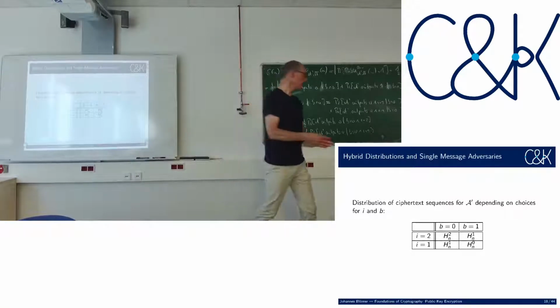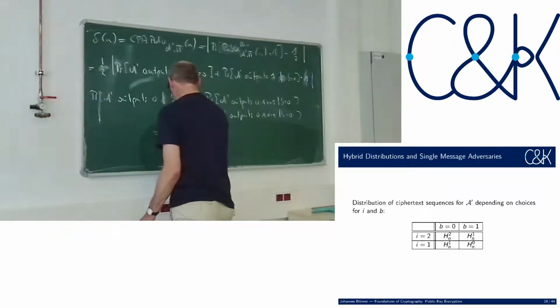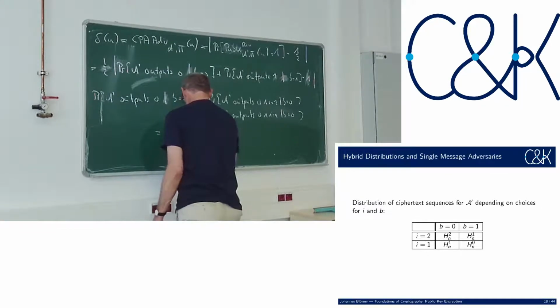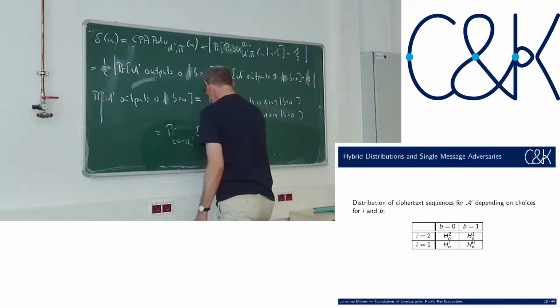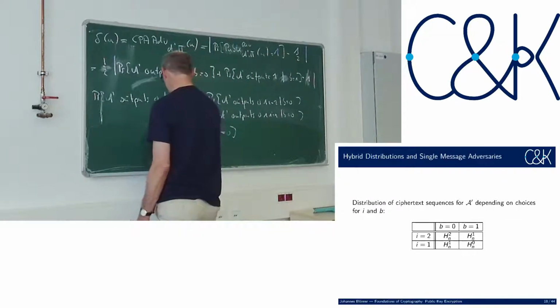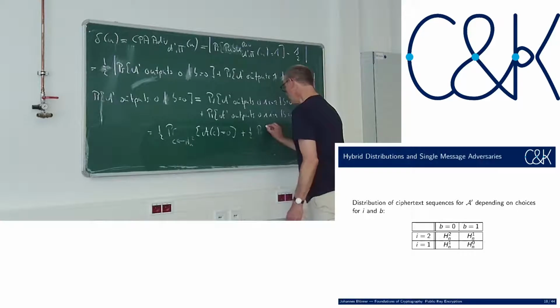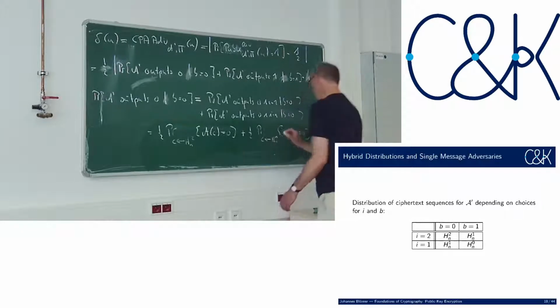So I can rewrite this in the following way. This is the same as the probability that the ciphertext is distributed according to H and 2, A on input C outputs 0, and I should put a 1/2 in front of it, plus 1/2 the probability over C being distributed according to H and 1, A on input C outputs 0.